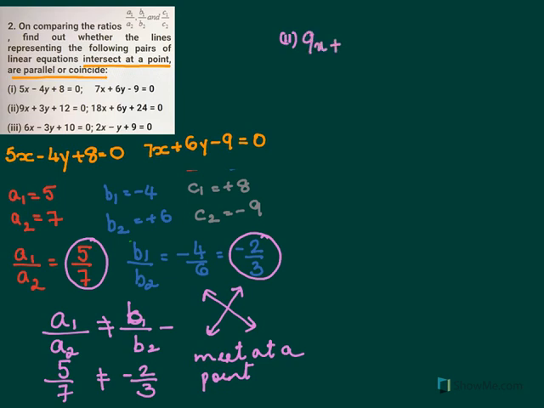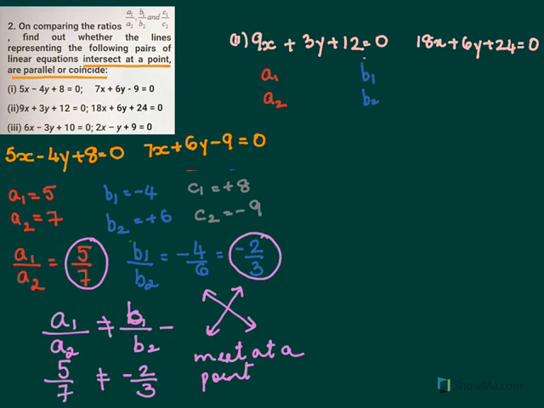So we have 9x plus 3y plus 12 equal to 0, one equation. So these are my two equations. Now let's again find out a1, a2, then b1, b2, and in the end c1, c2.